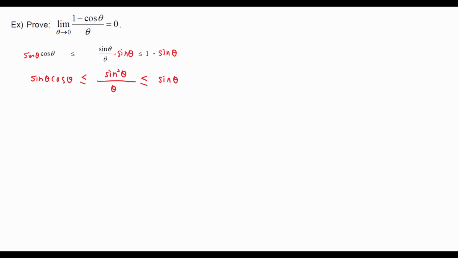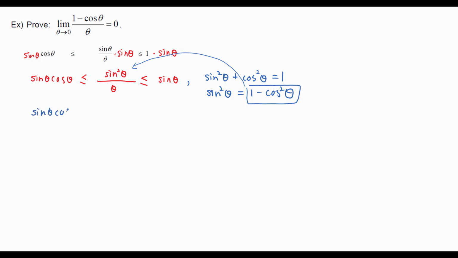Now from the Pythagorean identity, sine squared theta plus cosine squared theta is equal to 1, so sine squared theta is equal to 1 minus cosine squared theta. So we are going to replace this for sine squared theta there. So now I have sine theta cosine theta less than or equal to 1 minus cosine squared theta over theta less than or equal to sine theta.